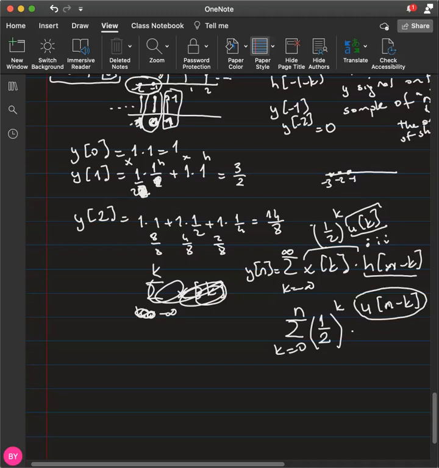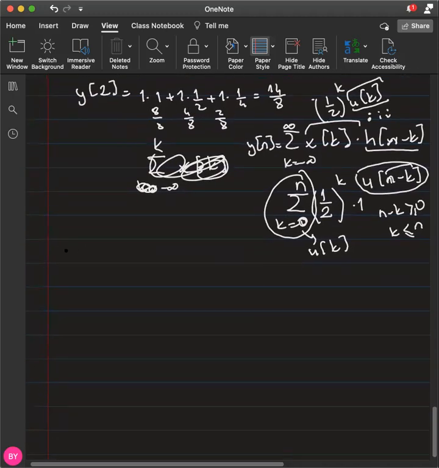This one actually tells me that n minus k should be greater than 0. k will be less than n, or less than or equal to n. That's why we have this one here. So this k equals 0 comes from u of k, and k up to n is coming from this part, n minus k, where k is less than n. So from k equals 0 to n, I will have 1 over 2 to the power k.